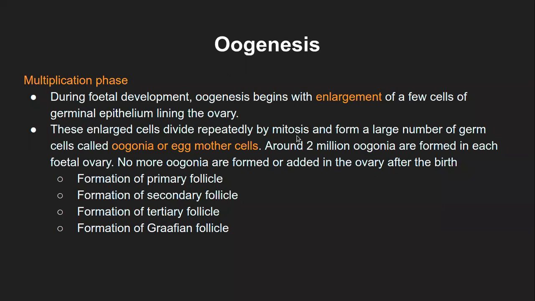So around 2 million oogonia are formed in each fetal ovary. Again, remember, this word is very important here to be mentioned, because that is not an adult ovary, that is a fetal ovary. That means of a fetus or of the embryo stage. So around 2 million of these oogonia cells are formed, and most important, no more oogonia are formed or added in the ovary after birth.